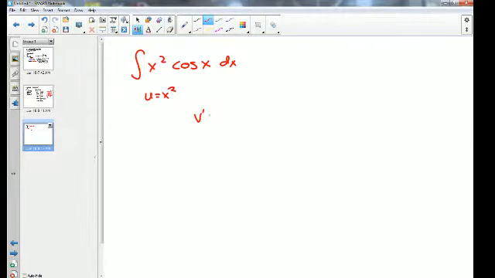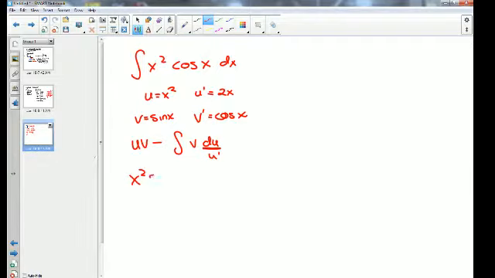And v prime is cosine x. So what's u prime? 2x. And v is sine x again. And again, write the formula out. Remember that when I write du, it's just saying u prime. Keep that in mind.